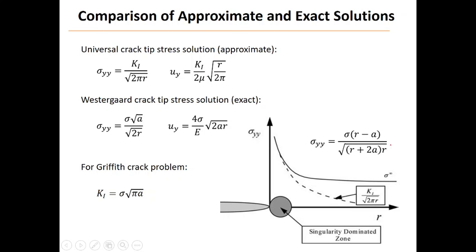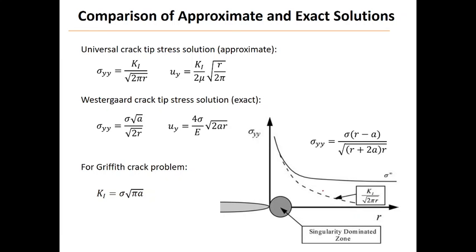So in this plot, you can see that the solid line is the solution by Westergaard, and that is the exact solution, right? So that is the correct solution, and then we are looking at the approximate solution from the universal crack tip stress, and that is expressed by this line. Okay, that is the K1 over square root of 2 pi r, right?